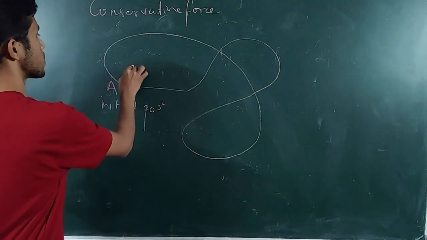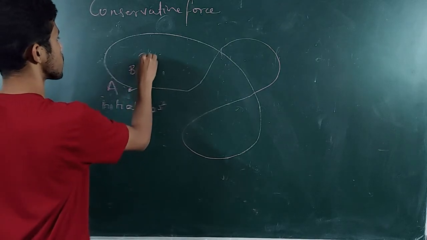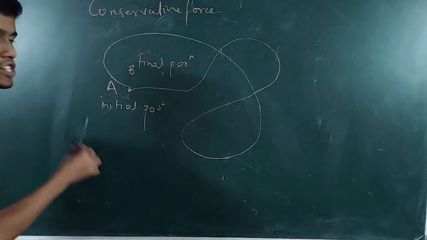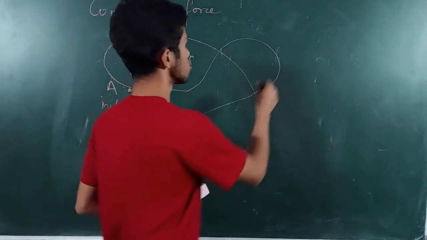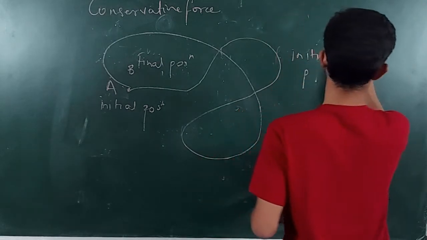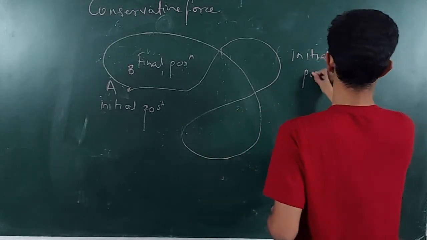So I can also call this point B. This is the final position. So you can see that initial and final positions are the same. So I will write initial position is equal to final position.